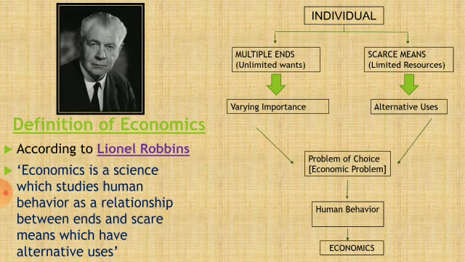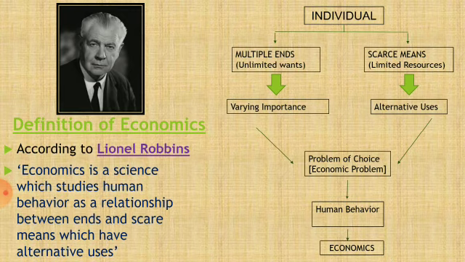Economics is a science which studies human behavior. What is this human behavior? Behavior of making choice as a relationship between what? Between the unlimited wants and the limited resources which have alternative uses.